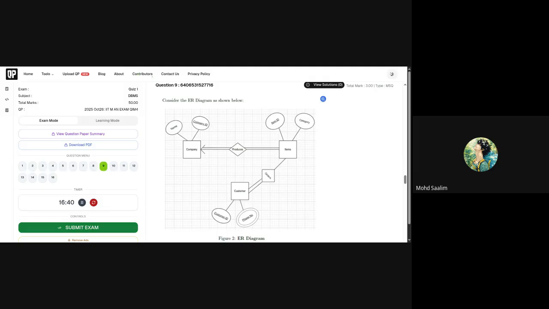So let's assume concrete data. We have three companies, company A, company B, and company C. This is their company ID, let's say A, B, and C. And there are five items: 1, 2, 3, 4, and 5. Company A produced 1 and 2. Company B produced 3 and 4.